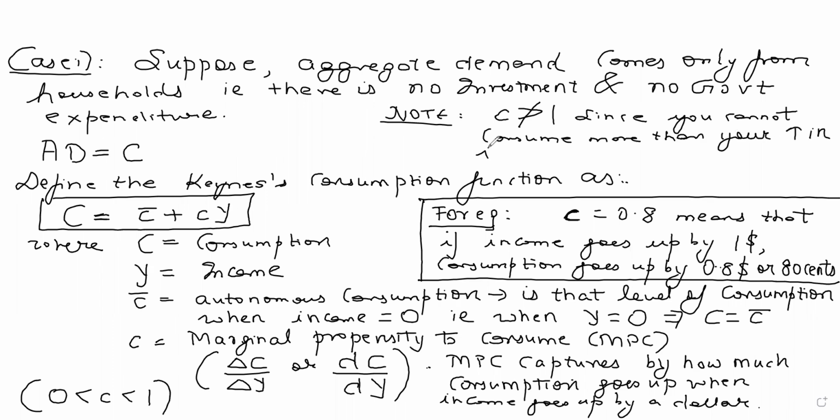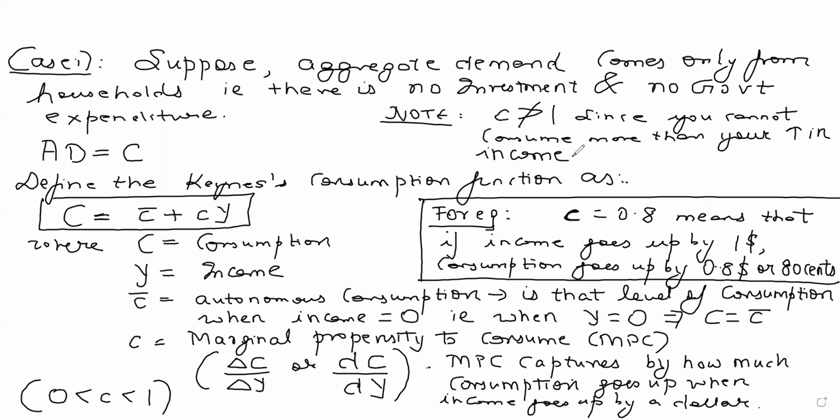For example, if my income goes up by $1, my consumption can increase at max by $1, but not more than that. I cannot increase my consumption more than my increase in income, because when I'm increasing income, then income is consumed, it's saved also.